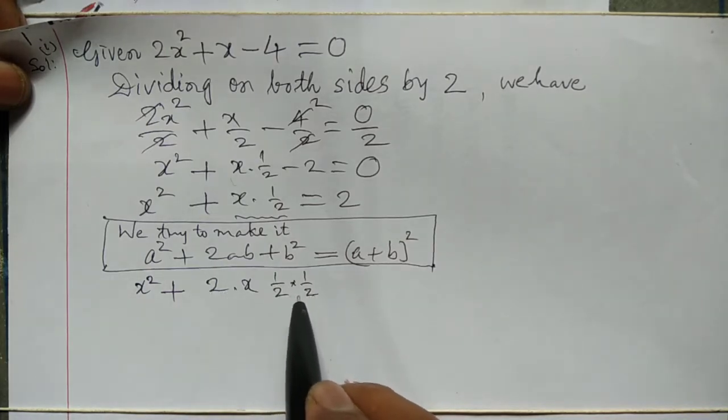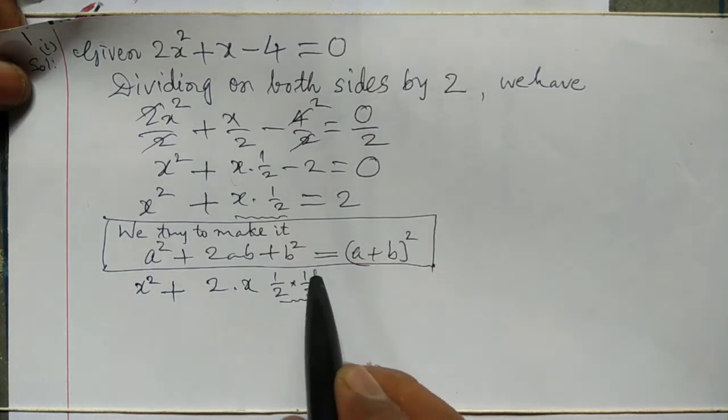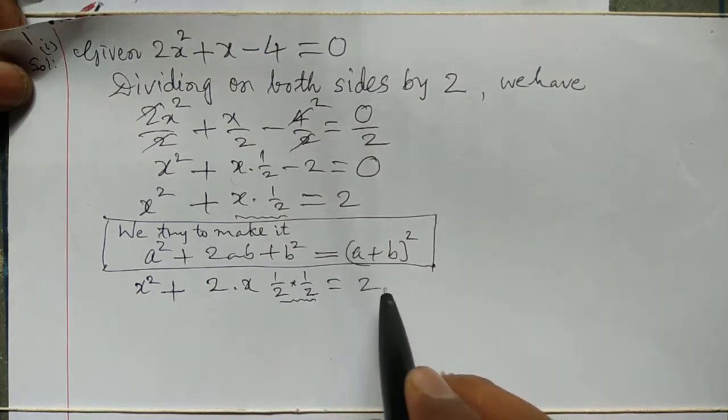So 2ab becomes 2 times x times 1/4, since 1/2 is 2 times 1/4.